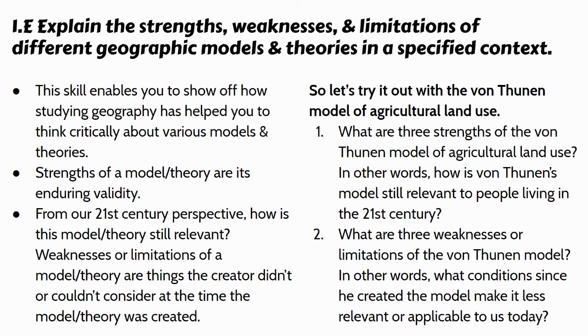So here it is still relevant, here it's not still relevant. So you're providing both the pros and the cons, the strengths and the weaknesses, the benefits of still including a model like this in an AP HUG class, but also the limitations of teaching a model like this. And so again, this explain the degree to which is the one that I really want you guys to make sure that you're thinking about.